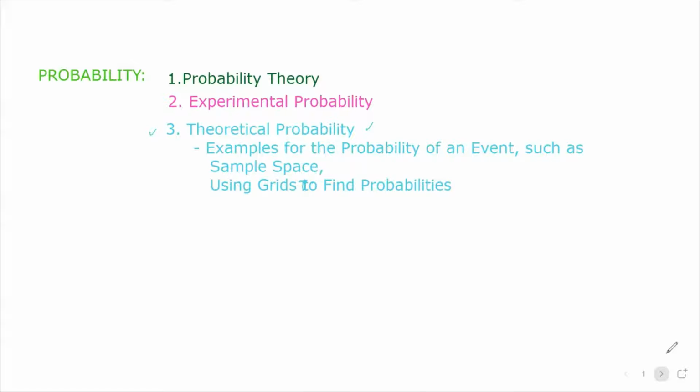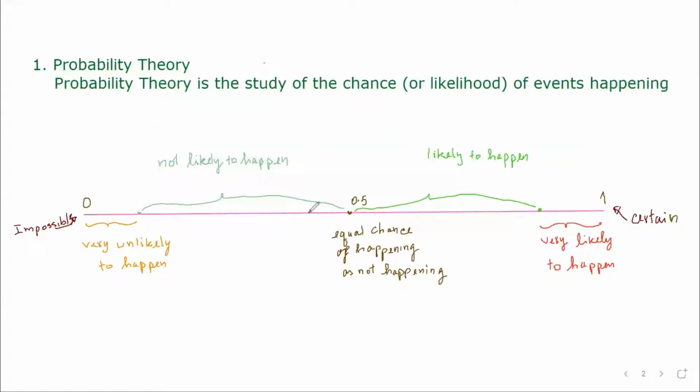Probability theory. Probability theory is the study of chance. Sometimes we call it the likelihood of events happening. You can see from the chart I gave here, from 0 to 1, that is the probability definition, right?